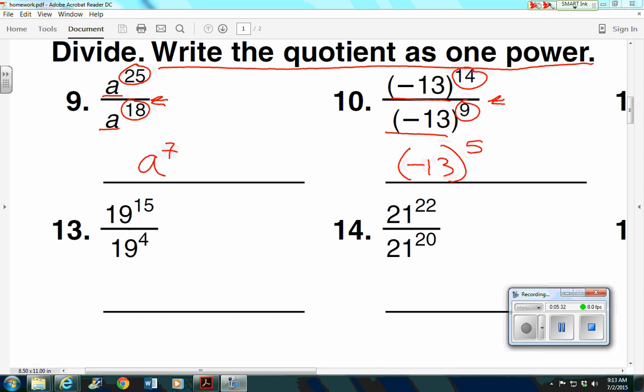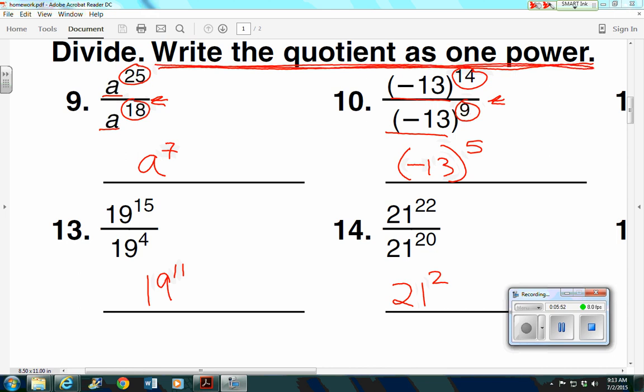Negative 13 to the 5th power. Same situation here, keep the base, subtract the exponents, 19 to the 11th, and here we've got 21 to the 2nd power, and we're not going to evaluate that because it says to write the quotient as 1 power.